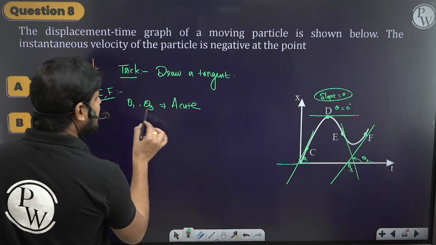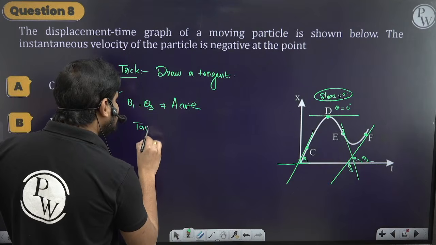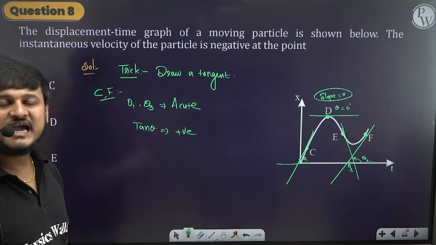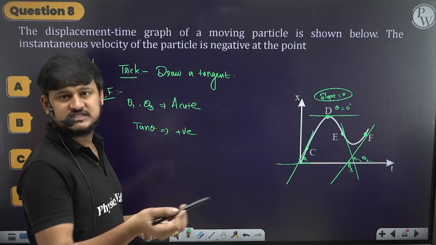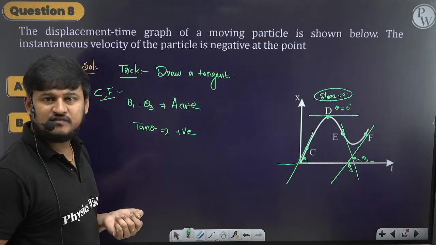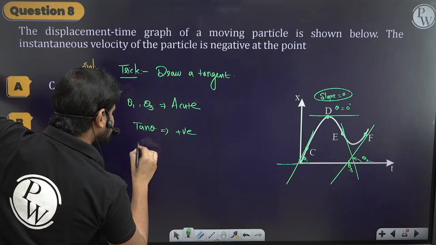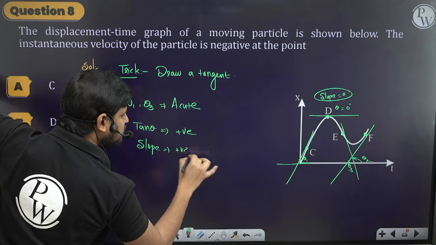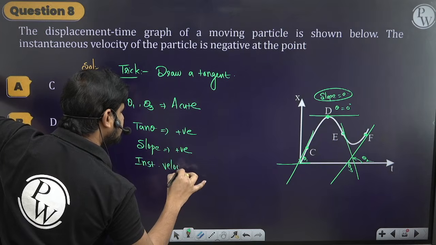Whenever thetas are acute, you know that the tan theta value is going to be positive. Theta less than 90, tan will be positive, right? So this is positive. If tan theta is positive, the slope is positive. If the slope is positive, the instantaneous velocity will be positive.